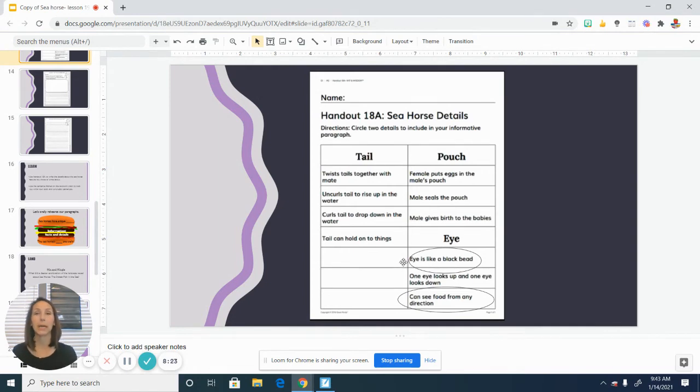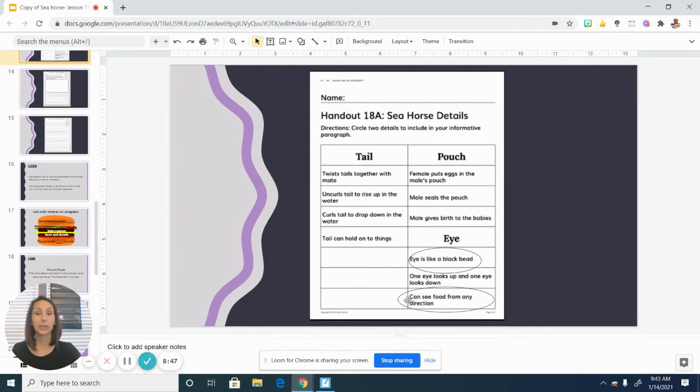How could I turn that into a complete sentence? I could say something like, the seahorse's eyes look like a black bead, period. That would be taking this detail and putting it into a complete sentence. And I did use some determiners, right? The seahorse's eyes look like a black bead.